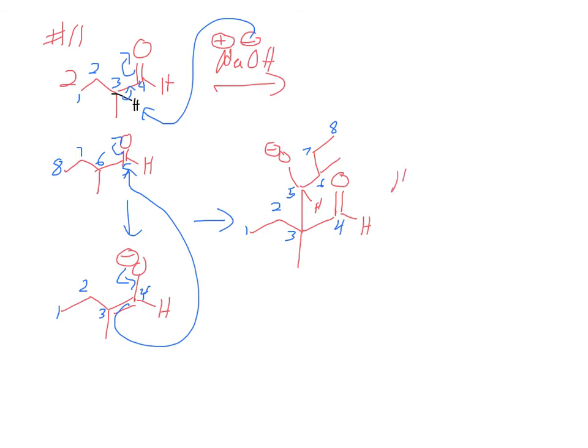So we have water around, right? Because we made water in this first step. We deprotonated right here. We made water. Now the oxygen can just come back, take that, and the final product is this aldol product I'm telling you about.